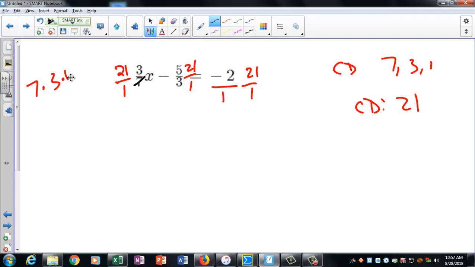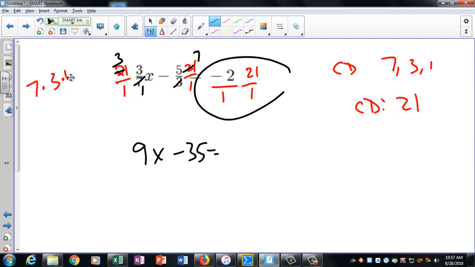What happens? 7 goes into 21 3 times. So now that becomes 3 times 3 is 9x. 3 goes into 21 7 times. So that's 35. And then the kicker is this piece. That's the part that a lot of people will forget.